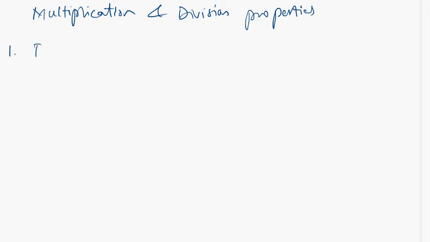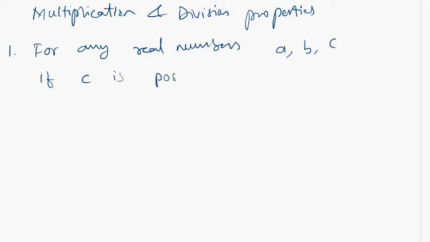For any real numbers a, b and c, the first case is if c is positive and a is less than b, then a times c is less than b times c.